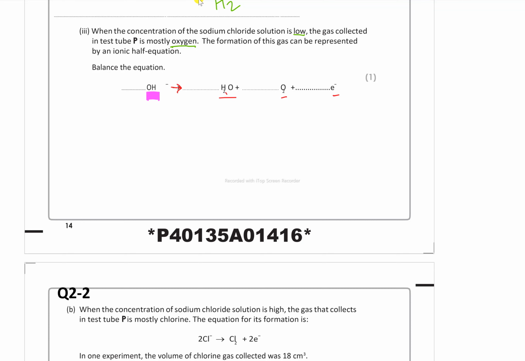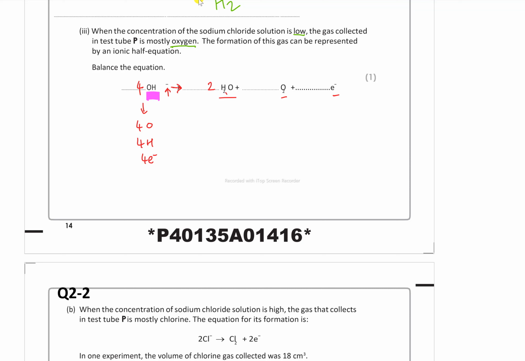So let's balance this out. You've got 2 hydrogens, 3 oxygens. So if we put 2 there, we've got 4 hydrogens and 4 oxygens. So if we put 4 there, on this side we've got 4 oxygens, 4 hydrogens, and we've got 4 extra electrons. Can you see this minus here?